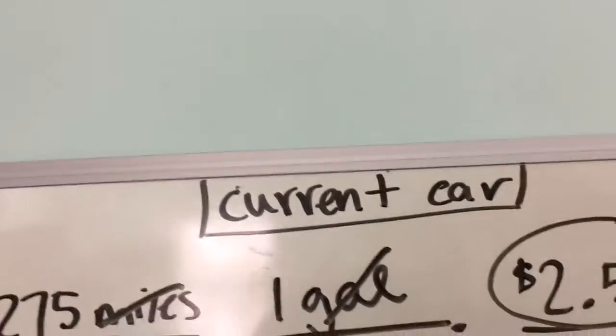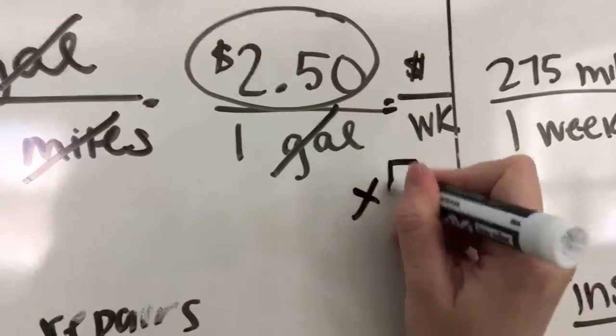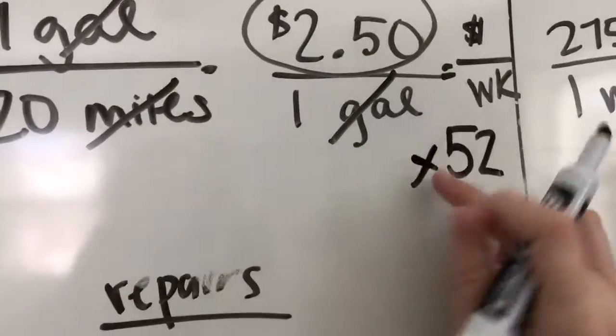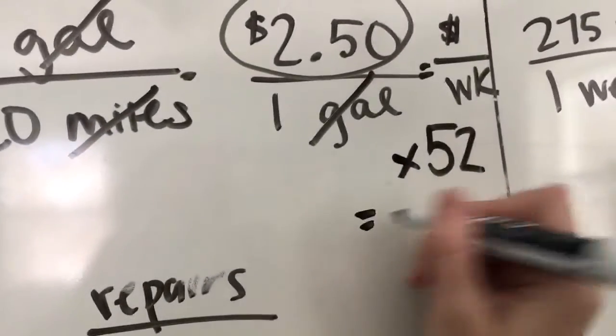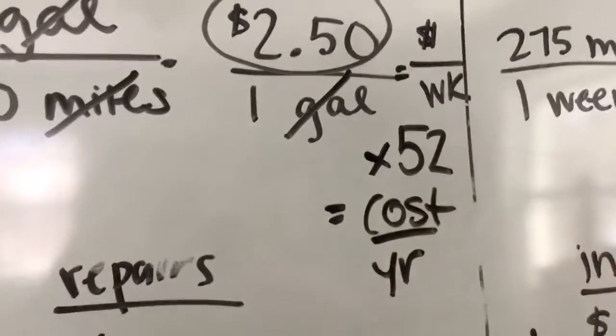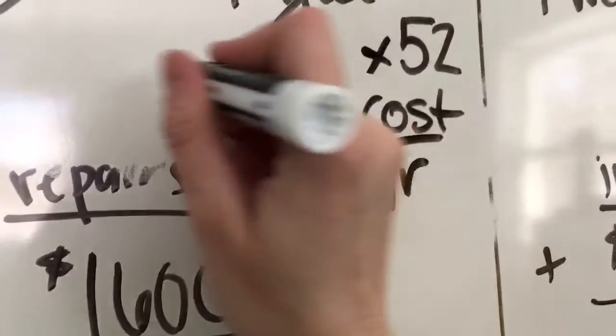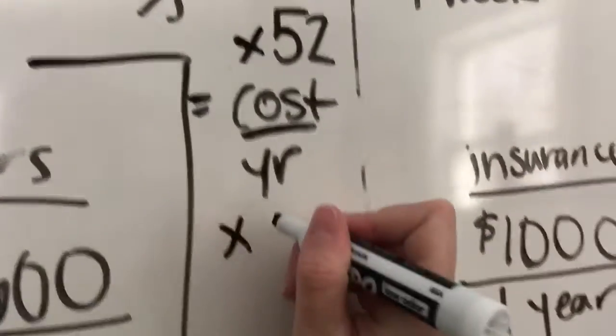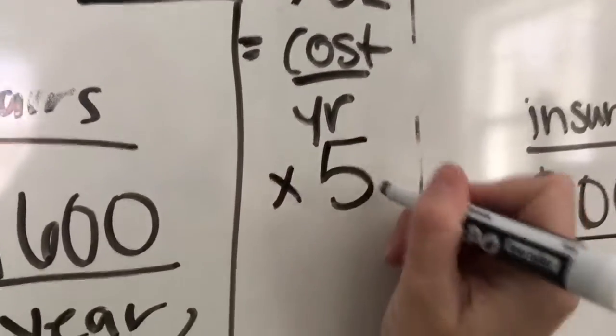You're going to have to take that number and multiply it times 52. And that will give you a cost per year. And then you're going to have to take that number, I know this is a lot of math, and multiply it by 5 years.